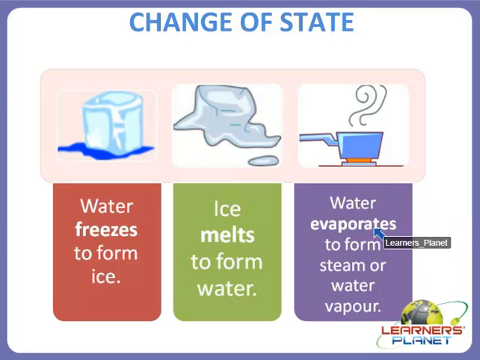And when water evaporates, when we boil it, it forms steam or water vapor. So children, water exists in three forms. Ice is the solid form, water itself is the liquid form and steam or water vapor is the gaseous form.